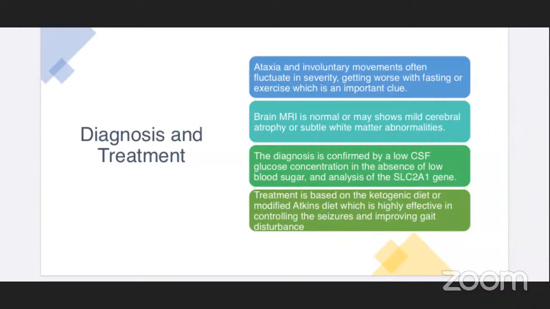The diagnosis is confirmed by genetic testing, and we would find a mutation in the SLC2A1 gene. The treatment depends on the ketogenic diet or modified Atkins diet, which is highly effective in controlling the seizures and improving the gait disturbances.